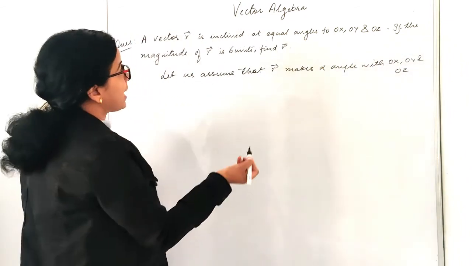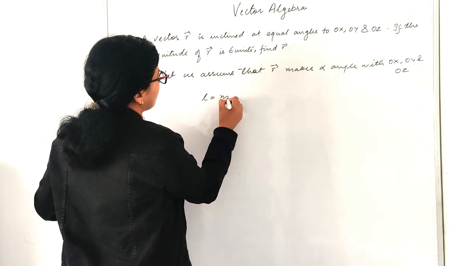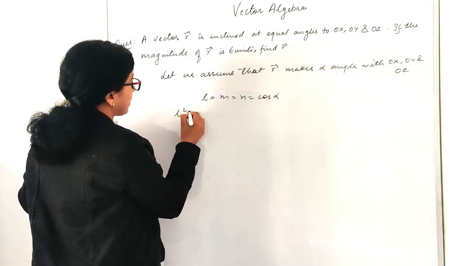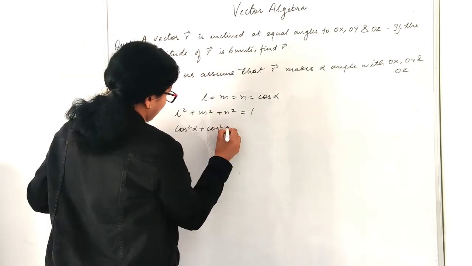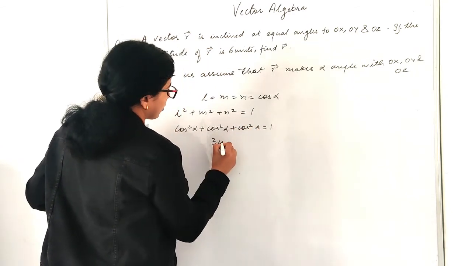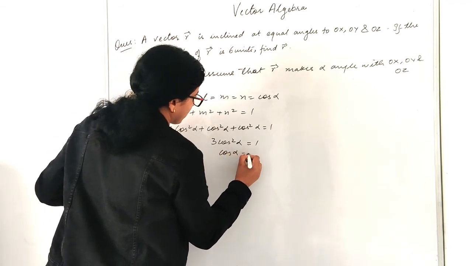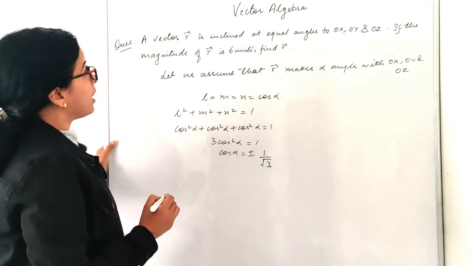So in that case, I can write l equals m equals n equals cos alpha. And I know l square plus m square plus n square equals 1. So what I can write? Cos square alpha plus cos square alpha plus cos square alpha equals 1. 3 cos square alpha is equal to 1. Cos alpha is equal to plus minus 1 by root 3.